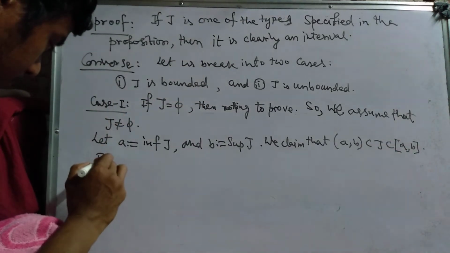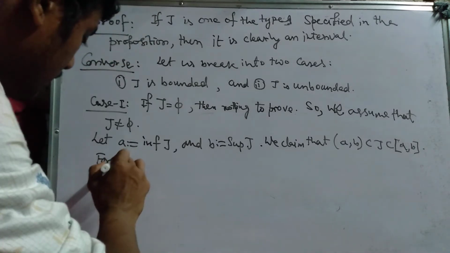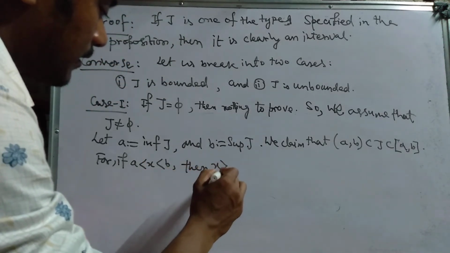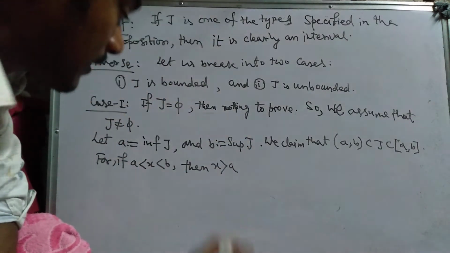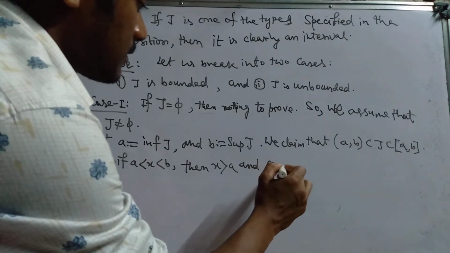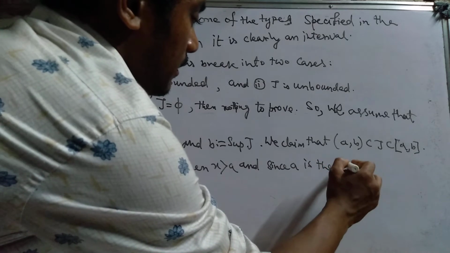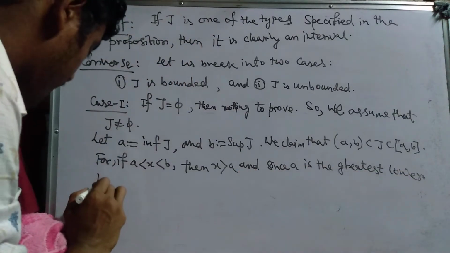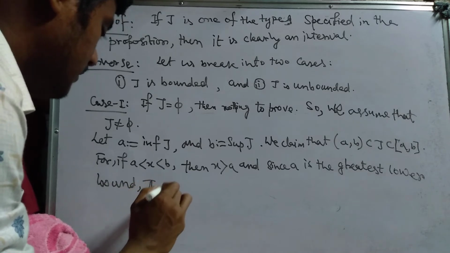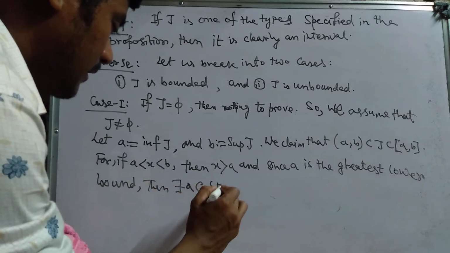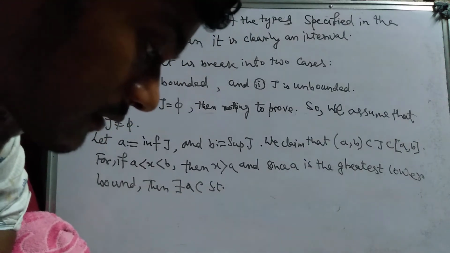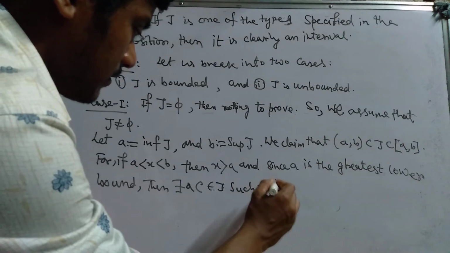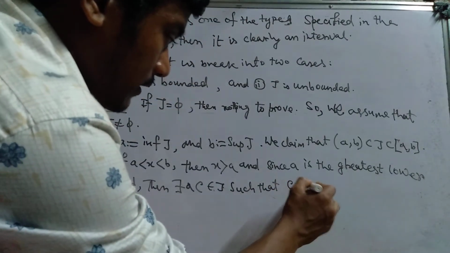For if a less than x less than b, then x is greater than a, and since a is the greatest lower bound, there exists a c belonging to J such that c is less than x.